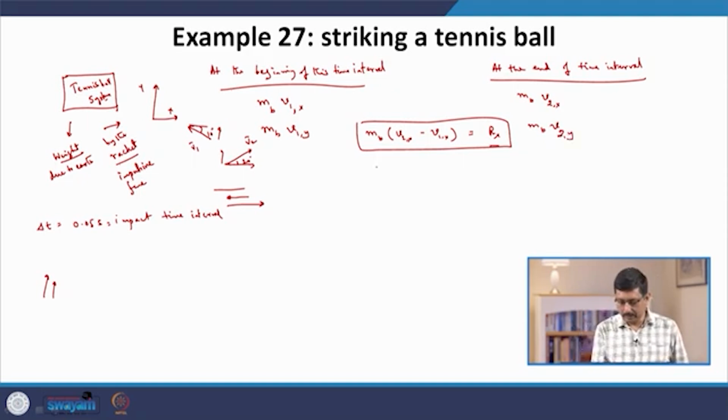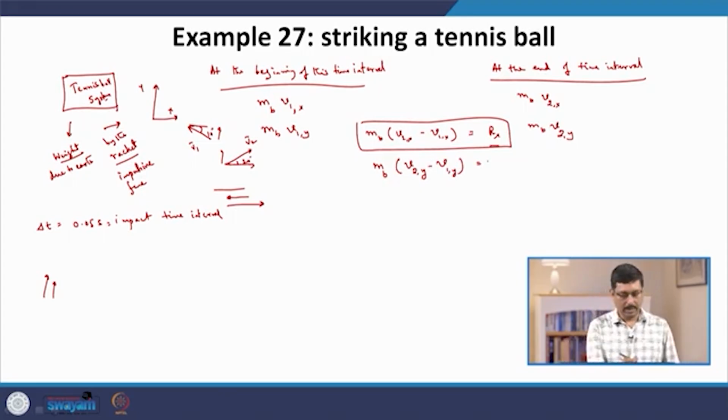So, then the change in momentum is... and then by applying our energy momentum principle, the change in the momentum of the system must be due to the external force acting on the system times the duration of the interval.